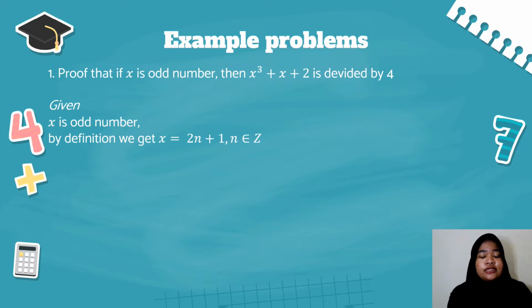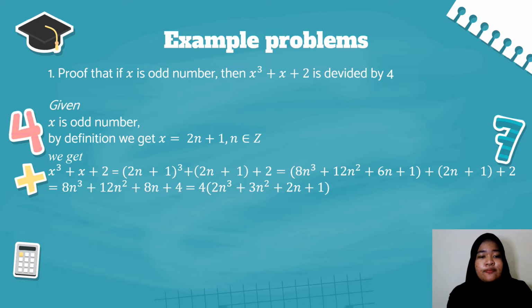By definition, we get x equals 2n plus 1 for n an element of the integers. We get x power 3 plus x plus 2. We can substitute that 2n plus 1 to x power 3 plus x plus 2.